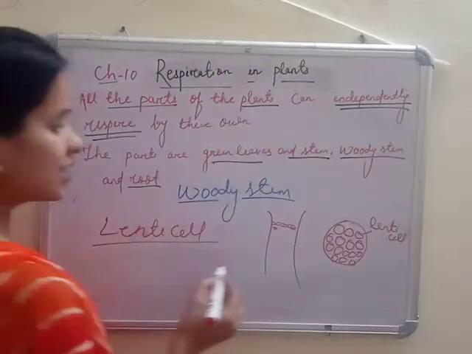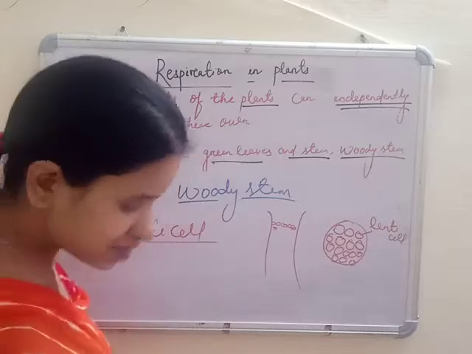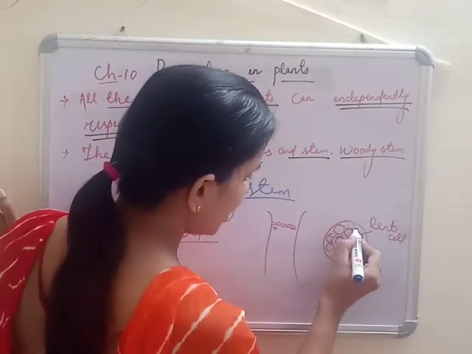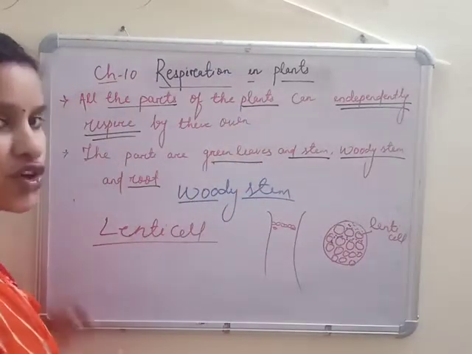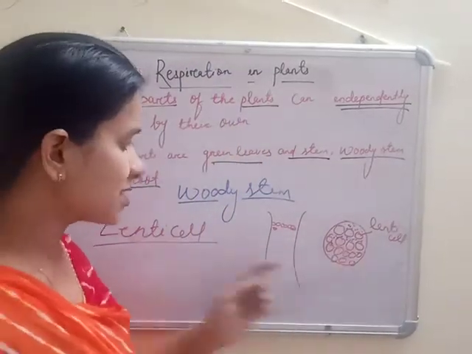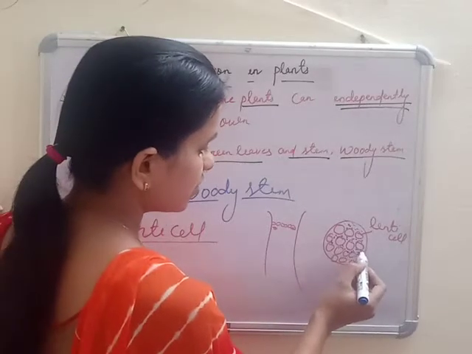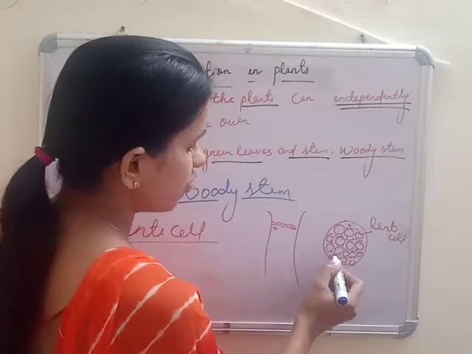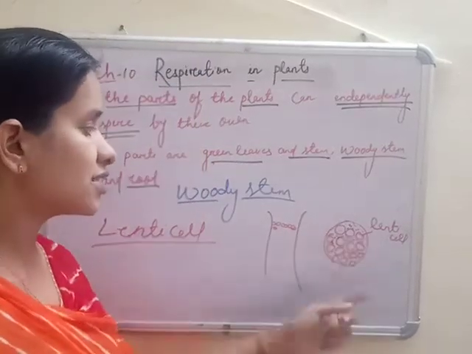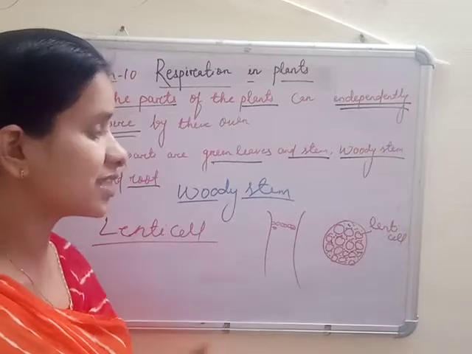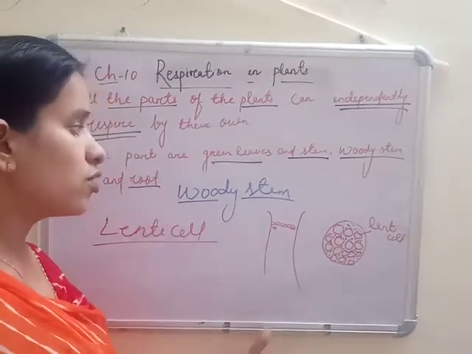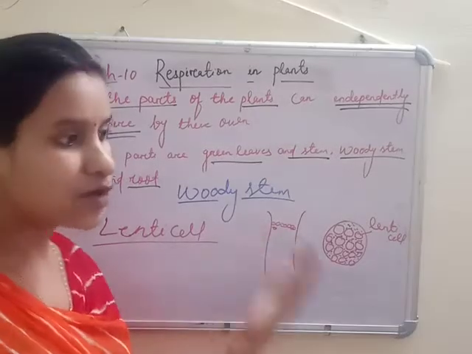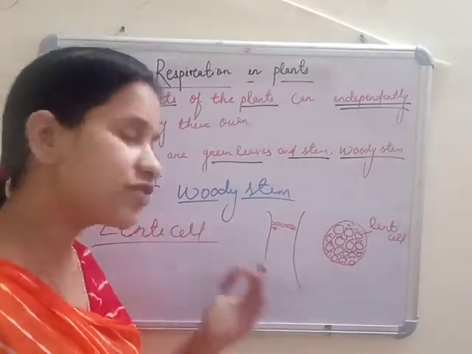The lenticel contains lots of space, you can see these spaces, and these spaces allow the exchange of gases. Through these spaces they take carbon dioxide or oxygen for their various processes, or for respiration. So lenticels allow the woody or brown stem to respire by allowing the exchange of gases.